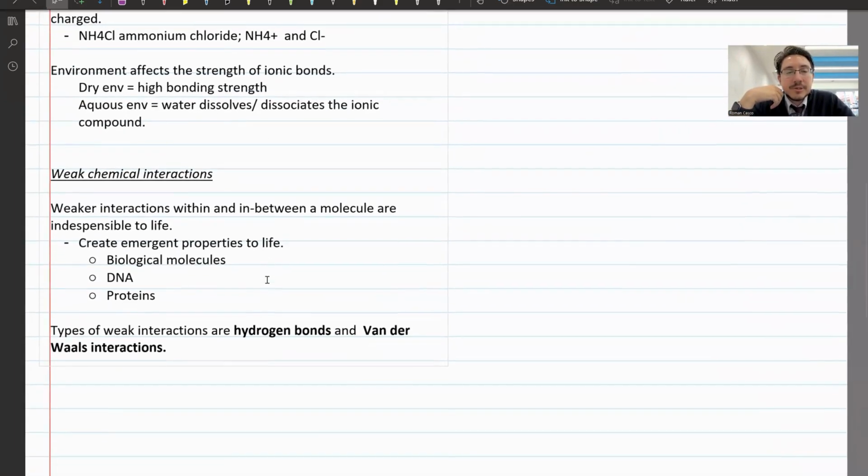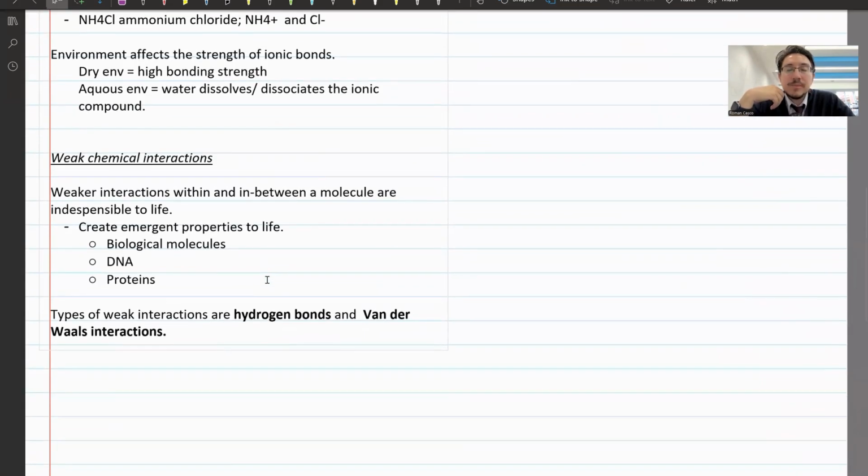Okay. Additional to that are some other interactions, right? Hydrogen bonding, van der Waals interactions. We will talk about this later on, especially hydrogen bonds. But they're referred to as weaker interactions that are within the molecule and even in between different molecules, critical to life. You might know already just the idea of DNA, right?